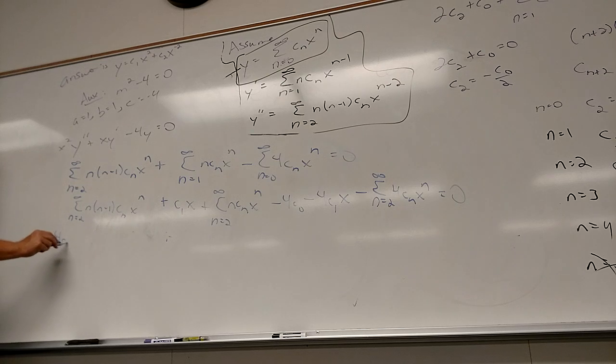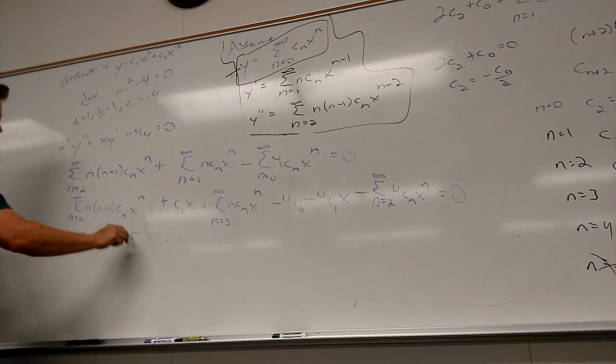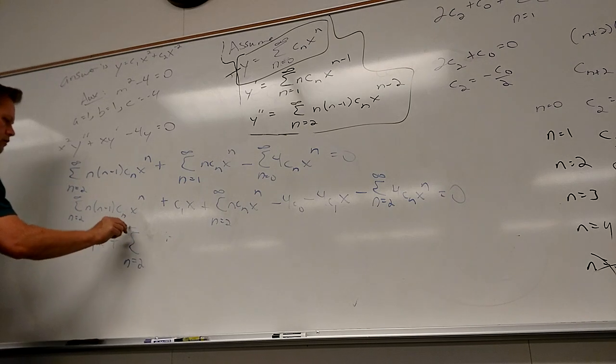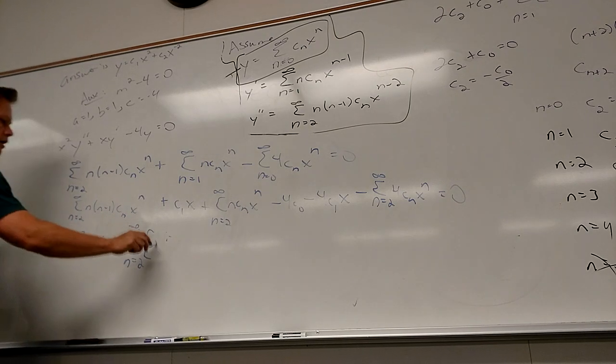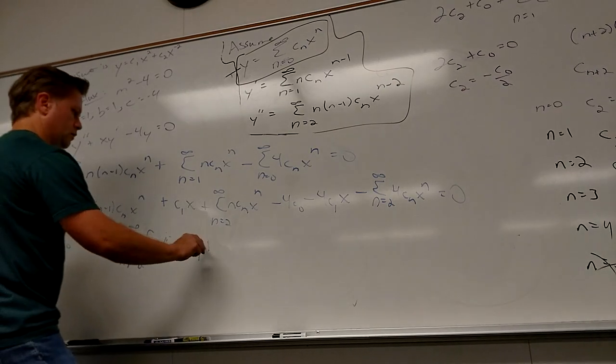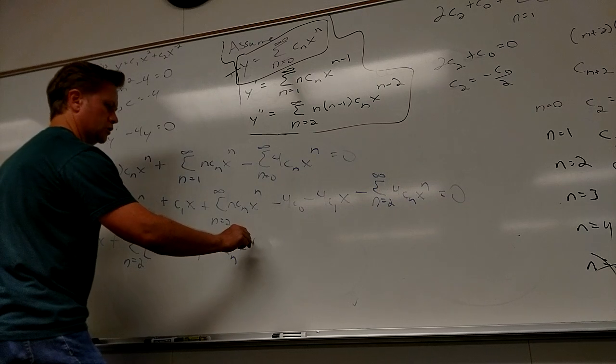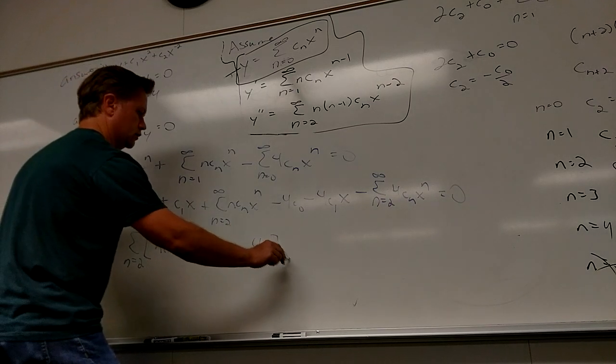I just like to say that, shucked. So I guess negative 4C0 minus 3C1 x, I like it. And then I can combine all the summation stuff: n minus 1 Cn plus n Cn minus 4 Cn, x to the n.